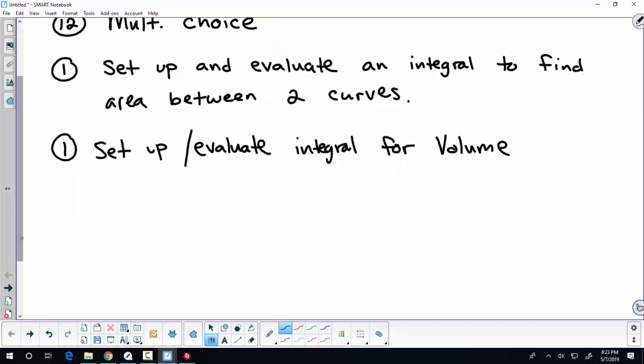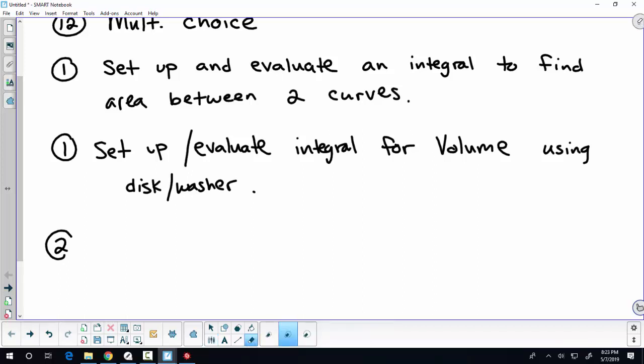Yeah, this one will be disk washer. One of them will be disk washer, the other one will be shell. Same thing, set up and evaluate an integral for the volume using the shell method.